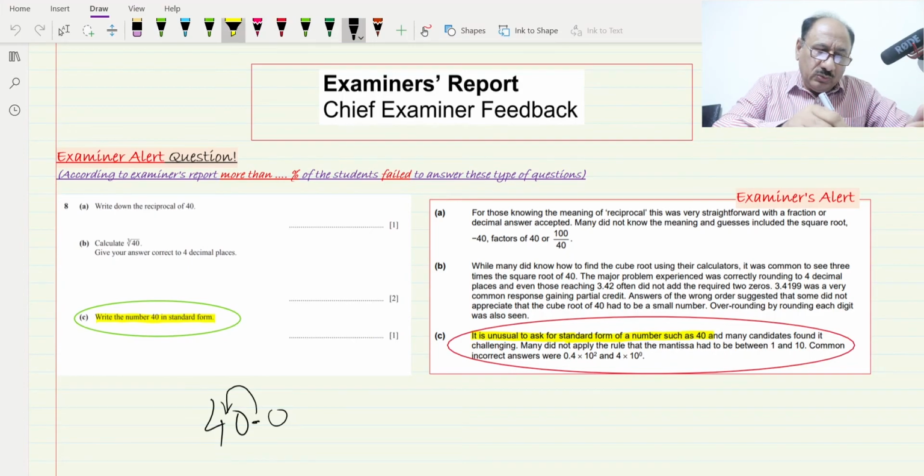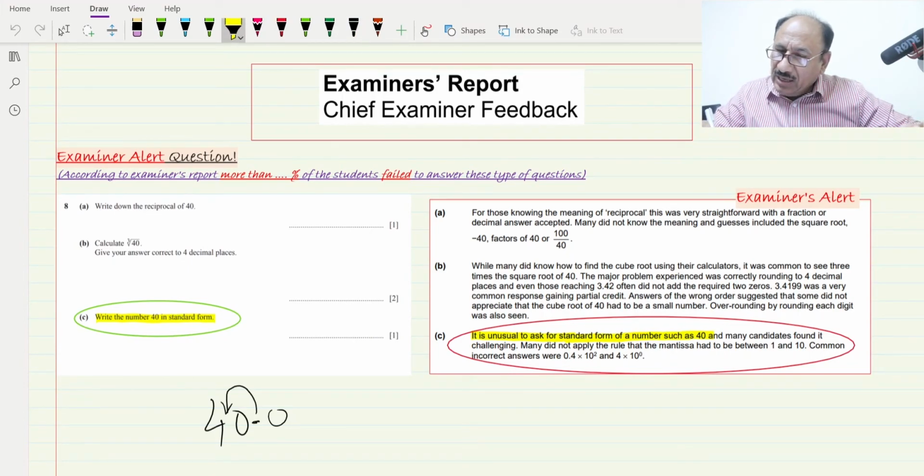So we'll go through examiner's comments, and many candidates found it challenging. It means it was difficult for most of the candidates. Many did not apply the rule that the mantissa had to be between 1 and 10.